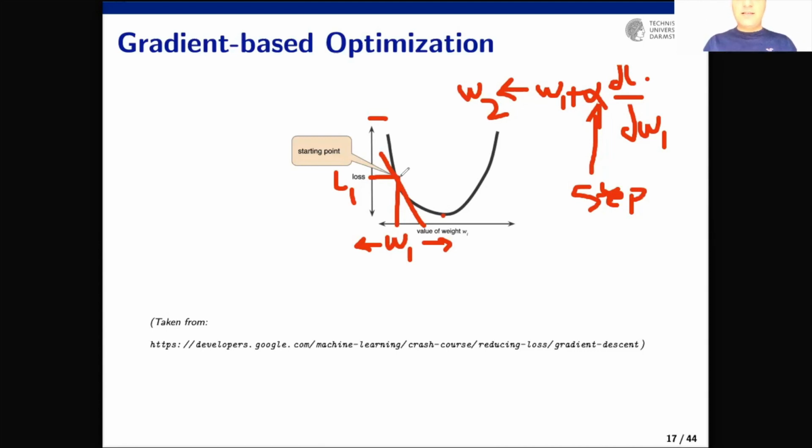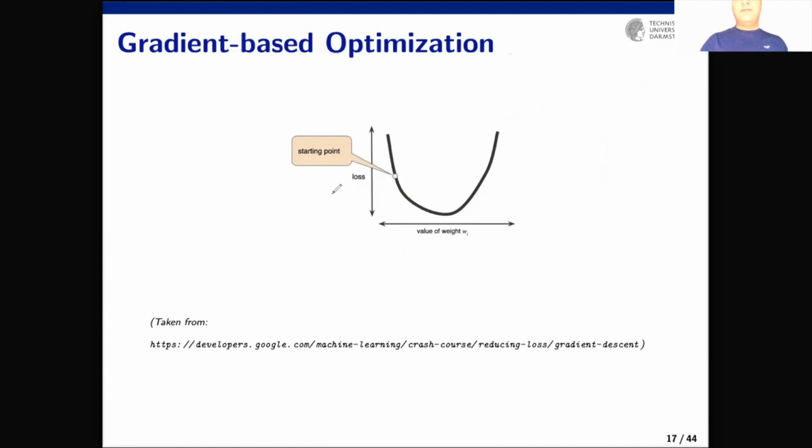So we take this and we move one step here, and then we say, okay, here is W2, right? And the value of loss would get close to here. Okay, so let's see. We started from this point.